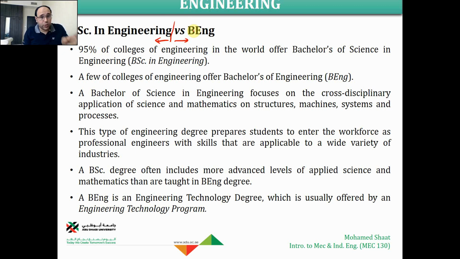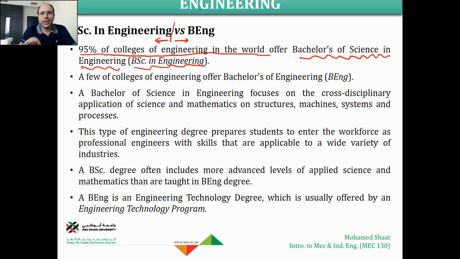So what is the difference between these two degrees? These are two different, not big different, bachelor's degrees in engineering. As I mentioned, this is Bachelor of Science, but this is Bachelor of Engineering. 95% of colleges of engineering in the world offer Bachelor of Science in Engineering, like Abu Dhabi University, Khalifa University, and many of the universities in the UAE except a few of them.